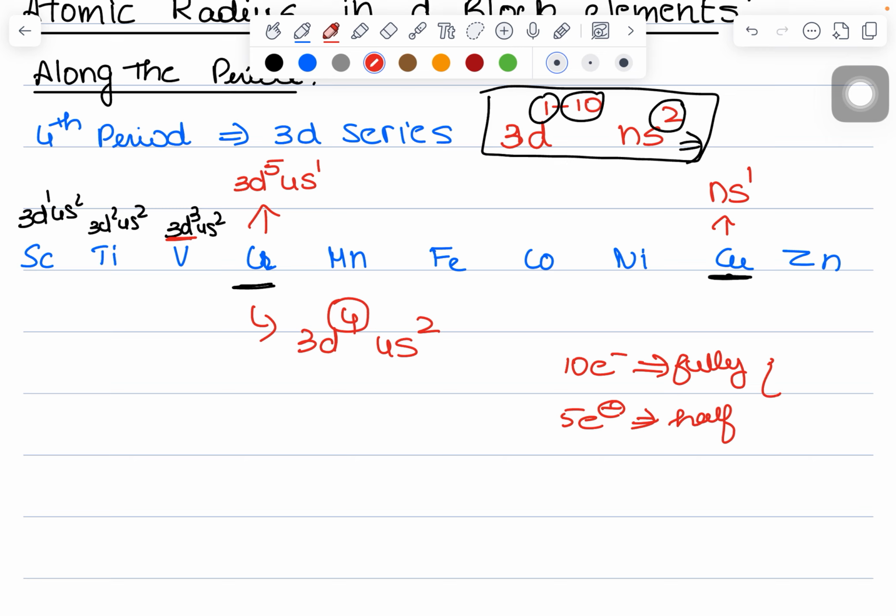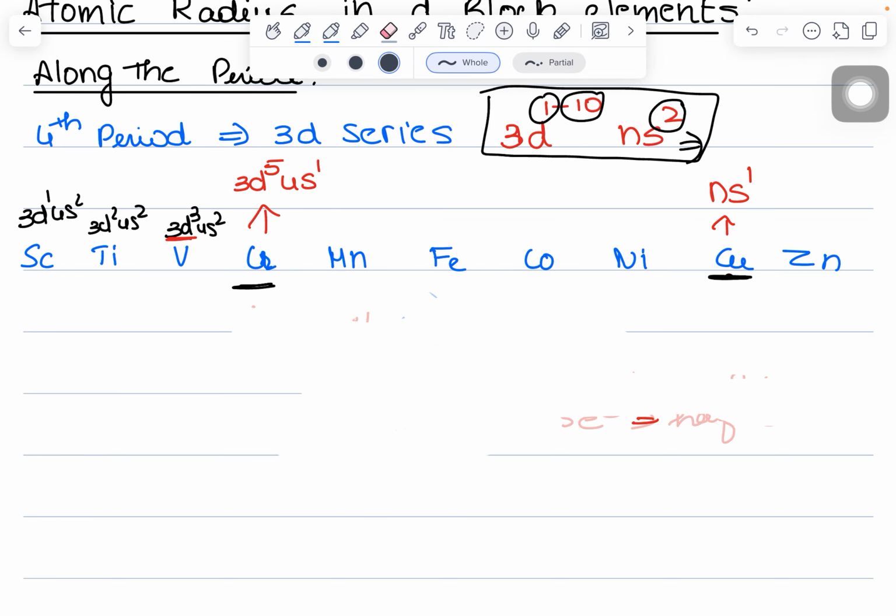Both of these configurations are quite stable. So an electron from 4s2 is transferred to 3d4 to attain stability, and the configuration is 3d5, 4s1. Hope that is clear.